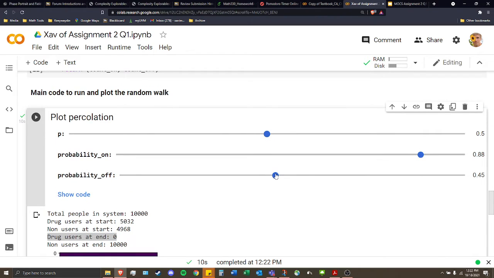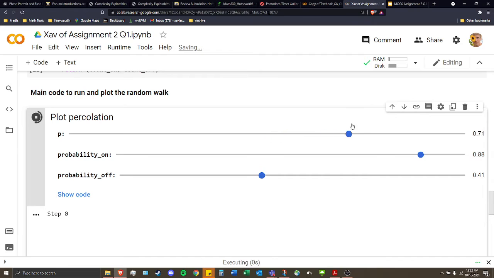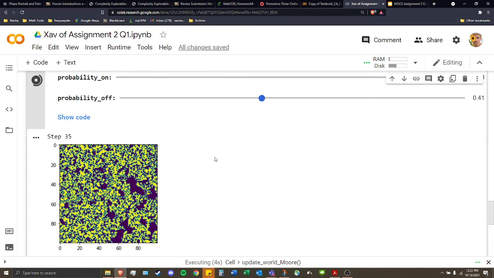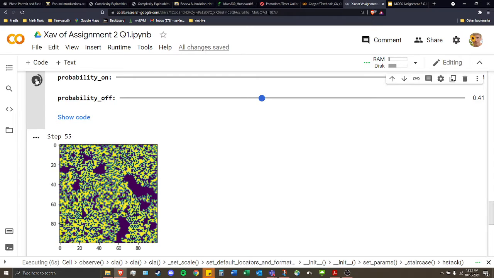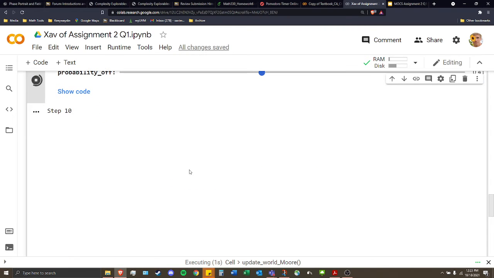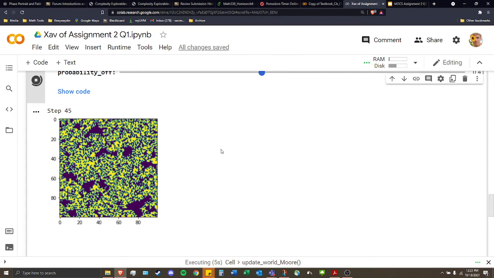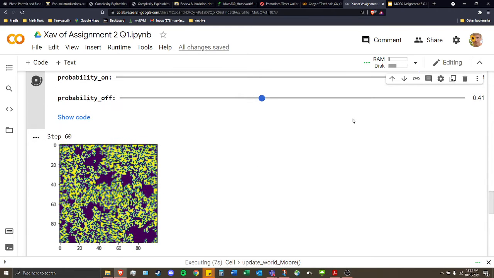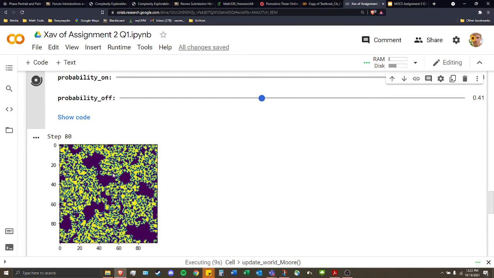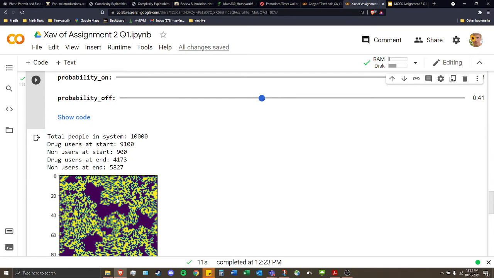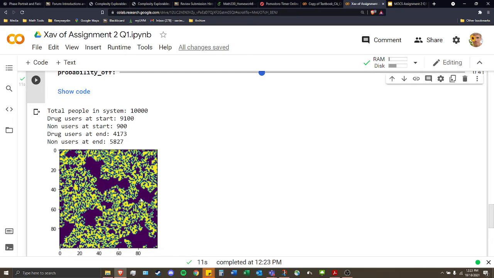And this follows even if we really bump this up high. I don't know if that captured the whole thing, but even if we start a lot of the population onto drugs, we can still see that even with our relatively low intervention probability, it really starts to seem in favor of non-drug users.